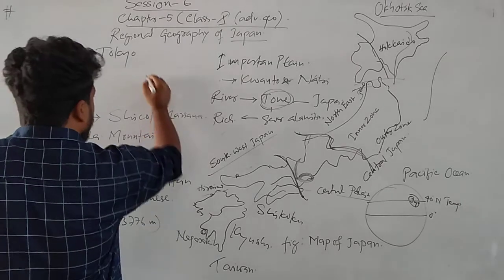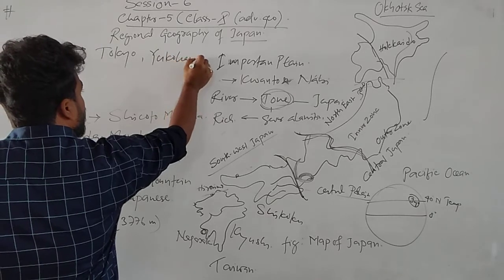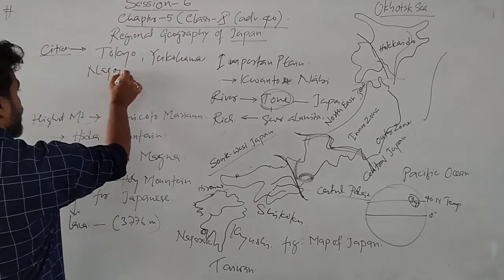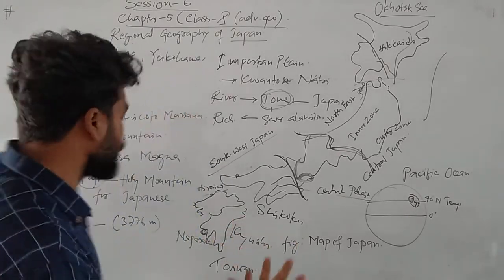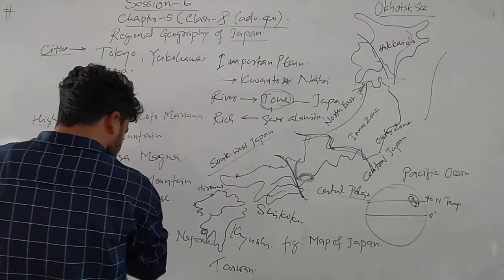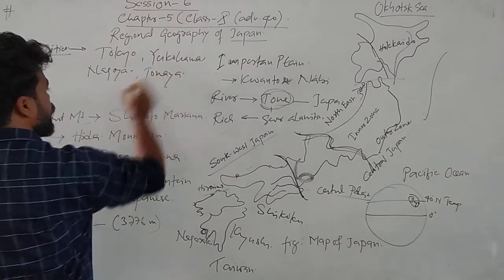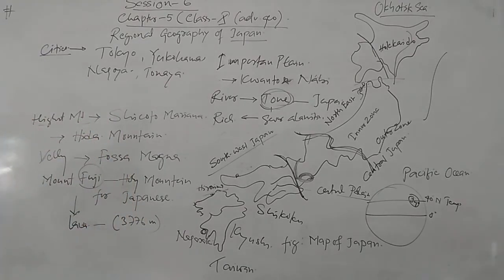Tokyo, then Yokohama. Yokohama is another. Nagoya, because the Nagoya Kyoto region is the important industrial region in Japan. We know that Nagoya. These are the important cities of this Central Plain region.